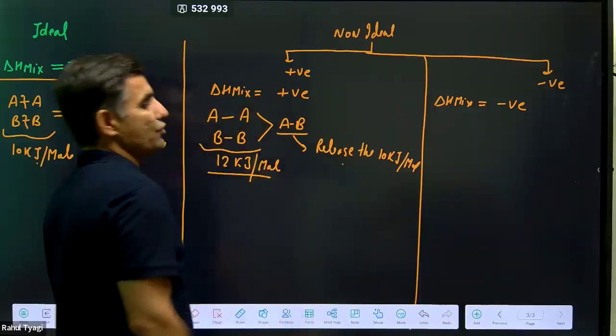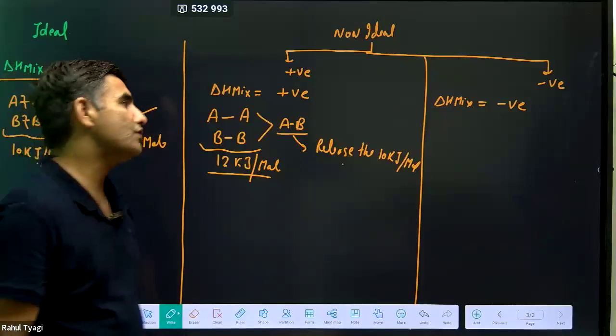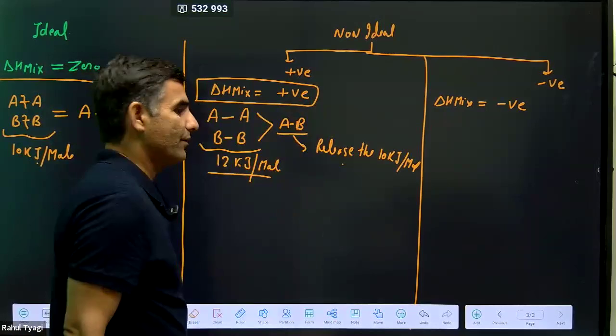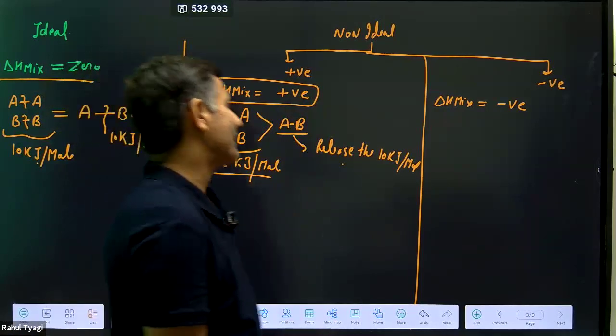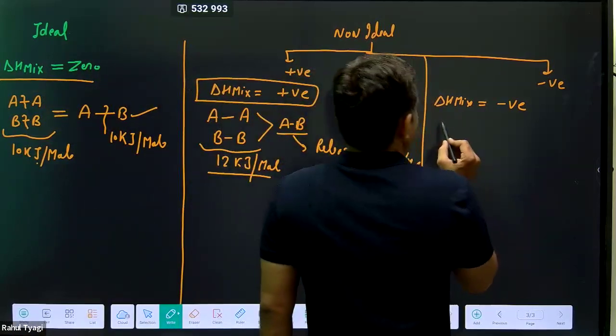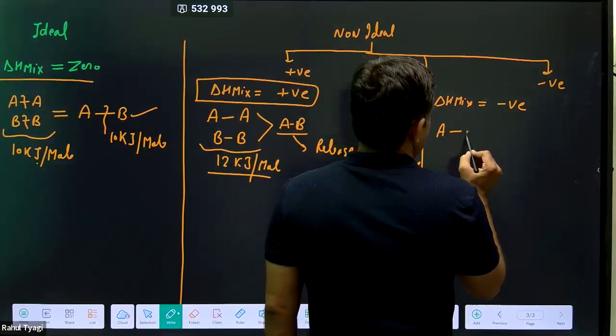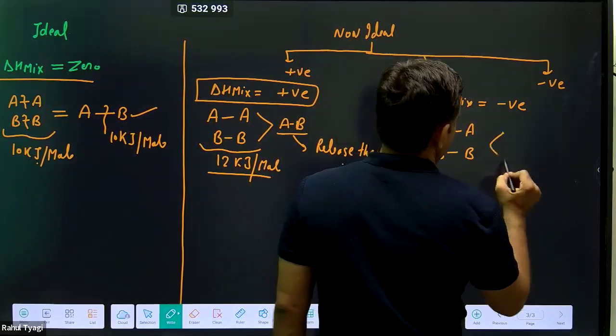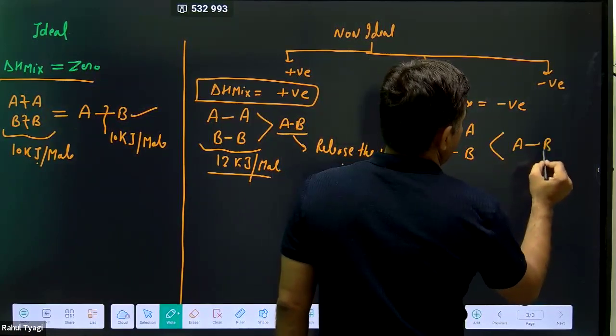Overall energy is consumed. If energy is consumed, then delta H mixing will be positive. Hope you got it. Here, the new bond is a strong bond.